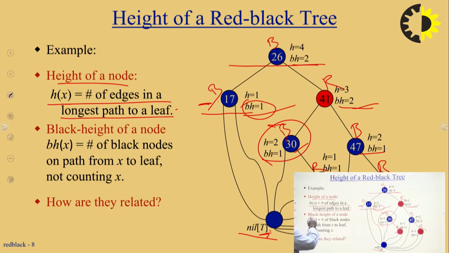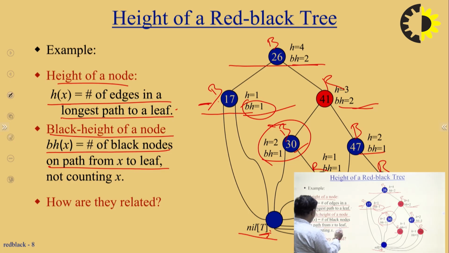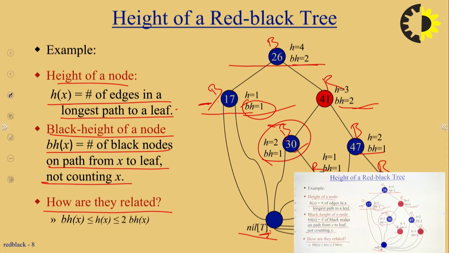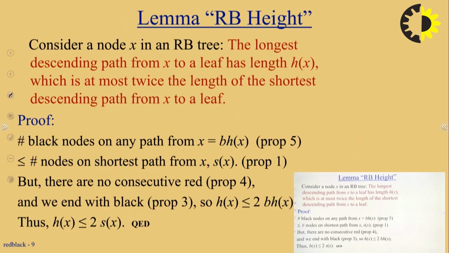Then the black height of x is equal to the number of black nodes on the path from x to a leaf, not containing x. How are they related? How are they related? Black height of x is related to the height of x.